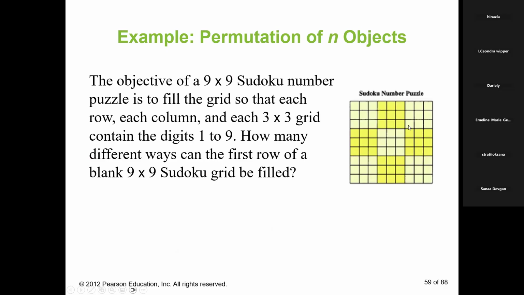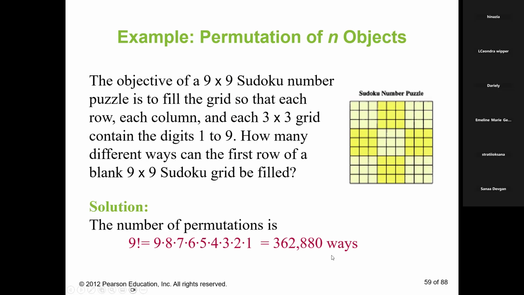This is just 9 factorial here. Okay, that's the answer. So the number of permutations is 9 factorial. So that will give you 362,880 ways for the first row of the blank 9 times 9 Sudoku grid to be filled. Okay, 9 factorial.